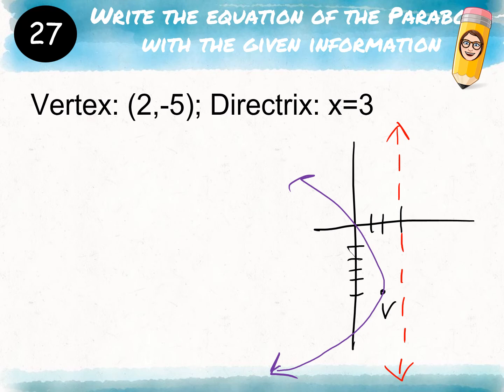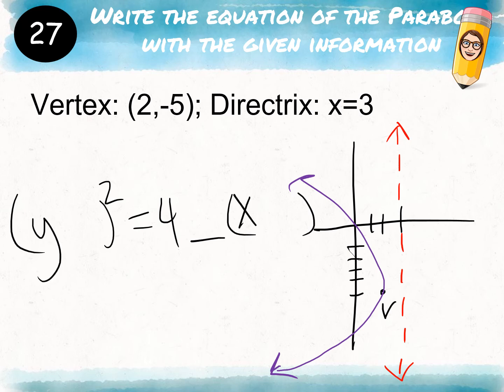Let's set it up. Quantity squared equals 4 p-value quantity. It's opening up left or right, which means it's y squared. My vertex, I'm going to have a -2 and a +5. The distance from my vertex to my directrix is 1.